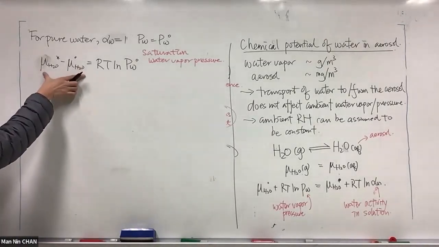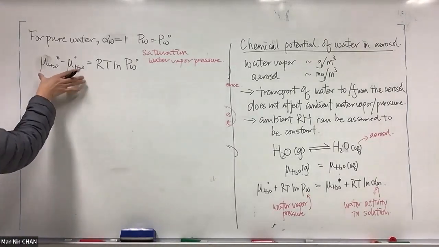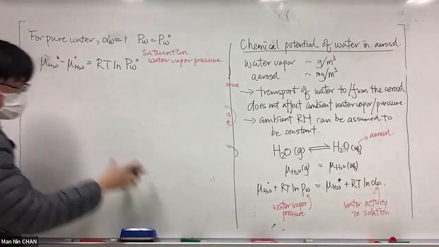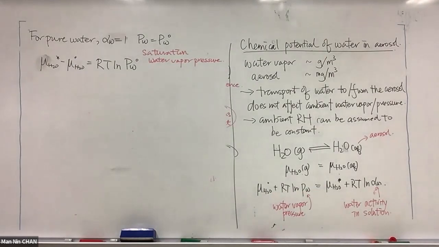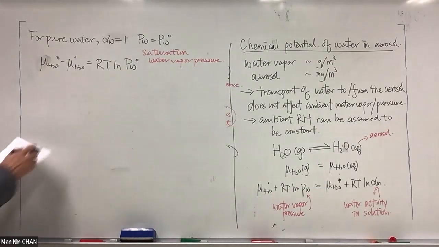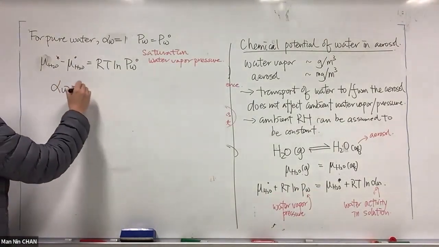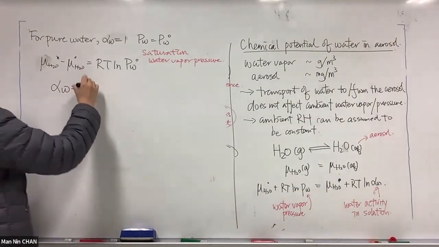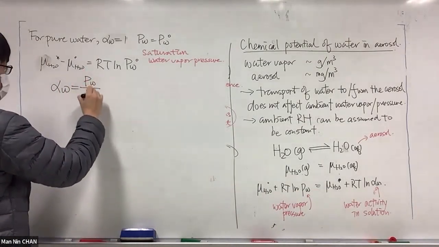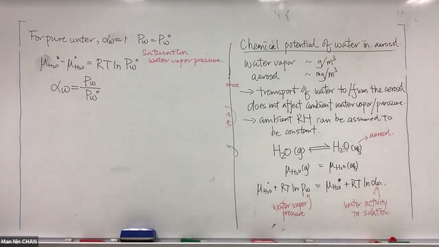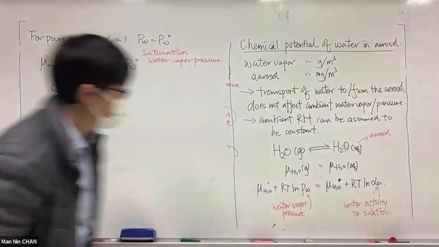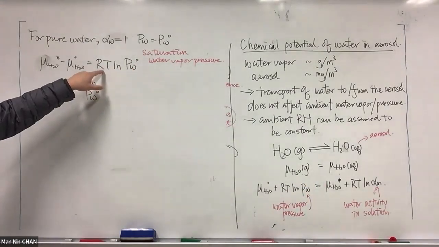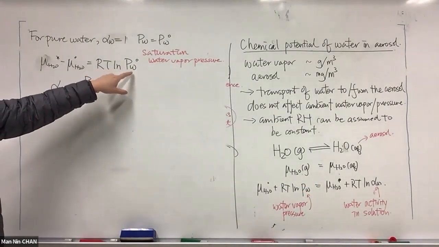Since I have this expression, I can substitute this term back into this equation. By doing this and rearranging the equation, we can replace these two terms, which will be equal to RT times the natural log of the saturation water vapor pressure.